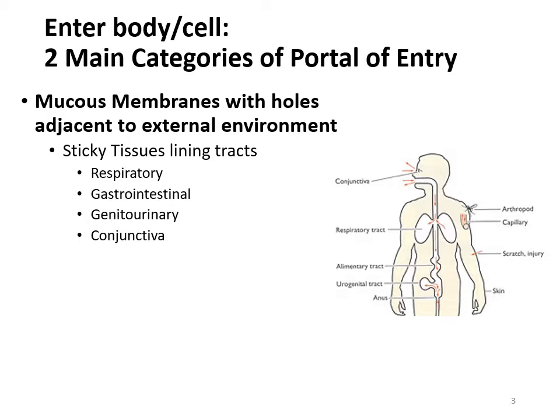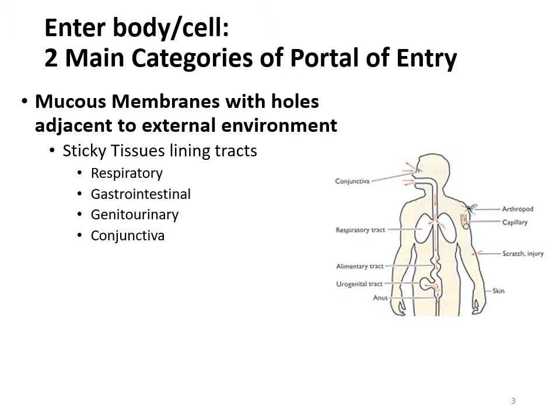So it's not as common as respiratory in taking in microbes. The last one is conjunctiva, which means your eyes. We'll go through in a later lesson how your eyes do a lot of things to prevent microbes getting in through this portal of entry.